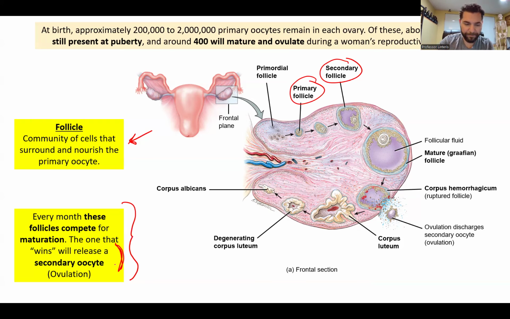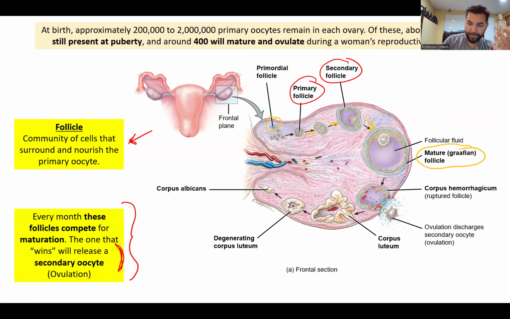What we can see is the primordial follicles, which we stated. Primary follicles will continue to grow into a secondary follicle, which will continue to grow into a mature follicle. We'll talk about that fluid that's in there in a little bit. Then you have ovulation.